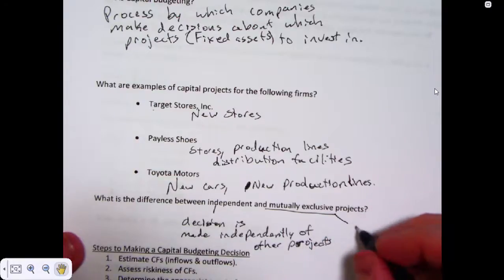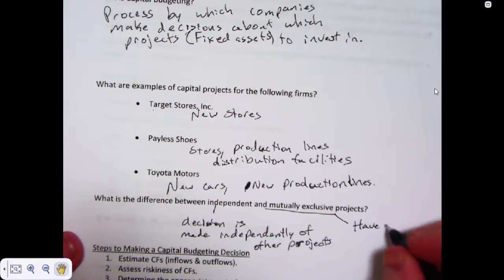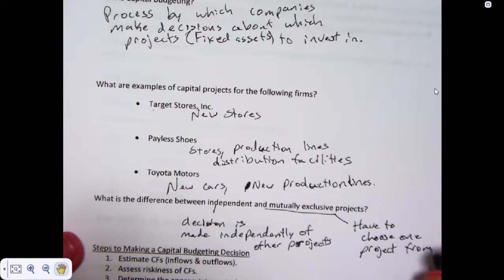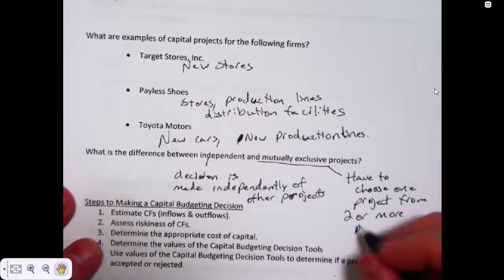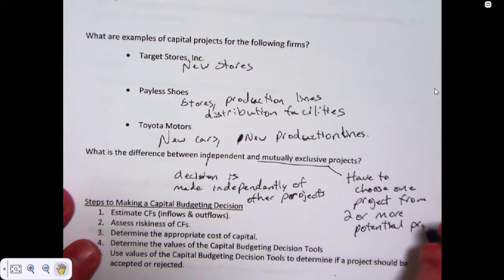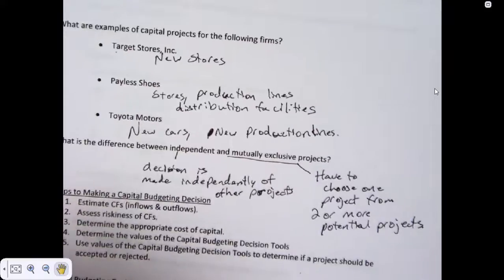For mutually exclusive projects, we typically have to choose one project from two or more potential projects. All right, and we'll work through some examples of that and how we make that decision later on.